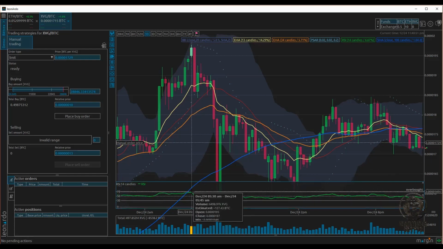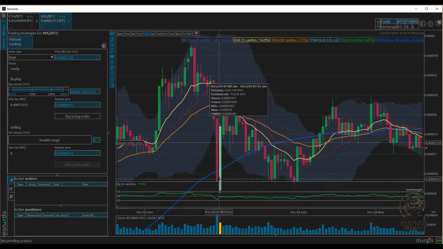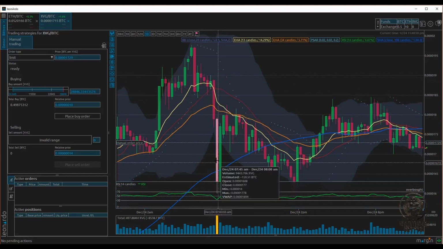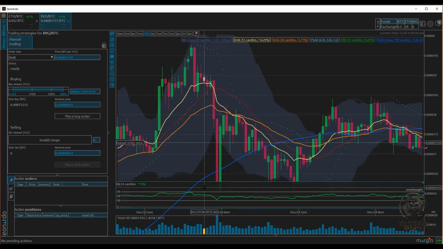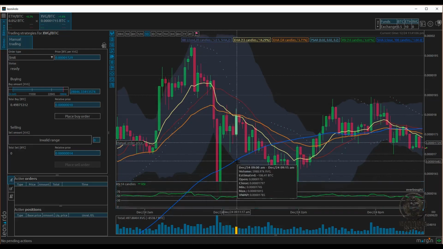That's usually when you would sell. So this is a contradiction here, so you would have to use judgment. If it was me, I probably would sell at this point if I was trading based on the exponential, and I would not follow the RSI, but it's a good indicator.